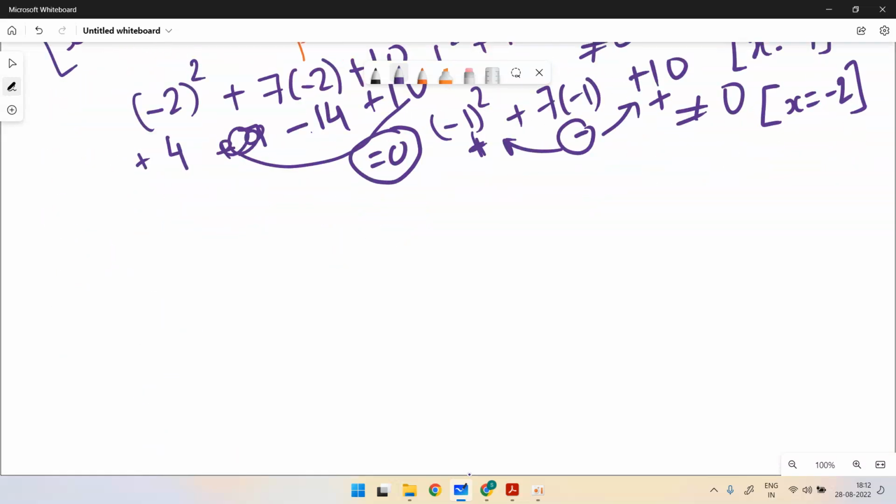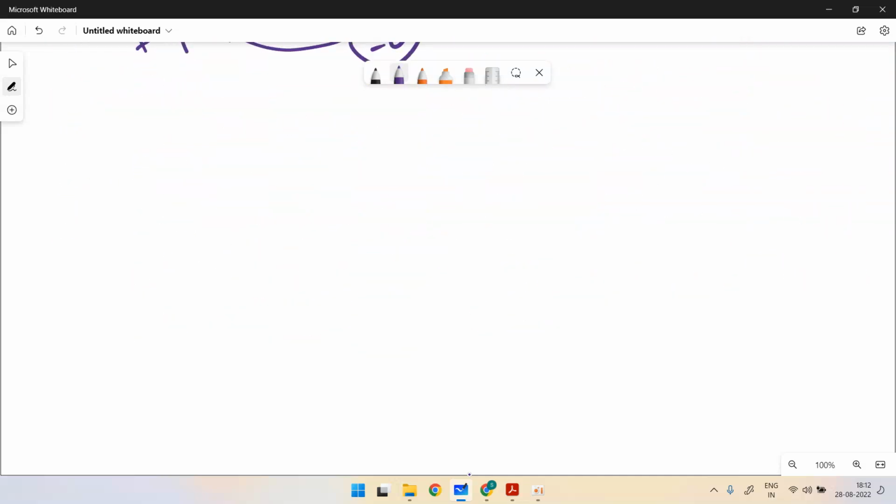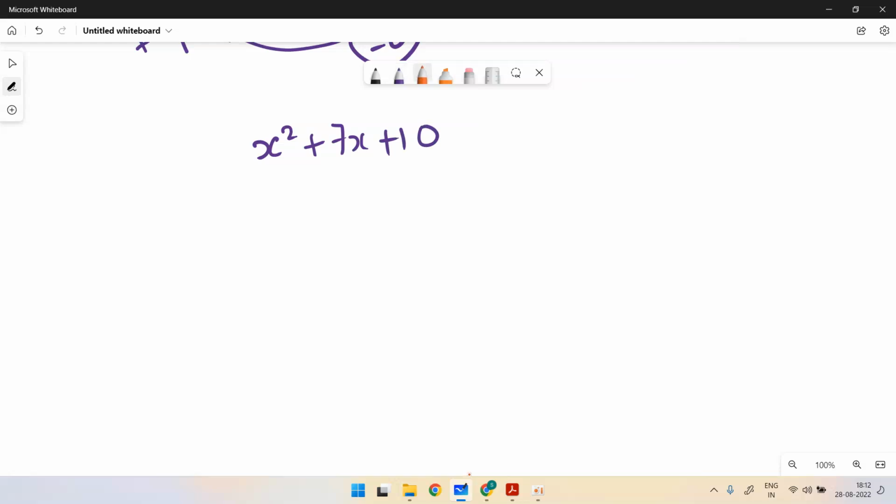Now see, x plus 2 is a factor. Now I am showing how to factorize x square plus 7x plus 10. You have calculated that x plus 2 is a factor. Now there is an x square and there is x plus 2. So you can write x square plus 2x, multiplying x by x plus 2.